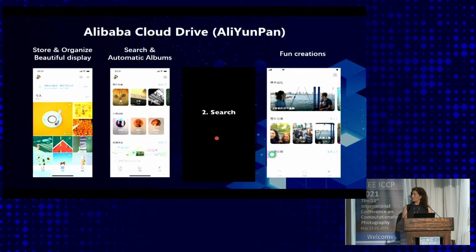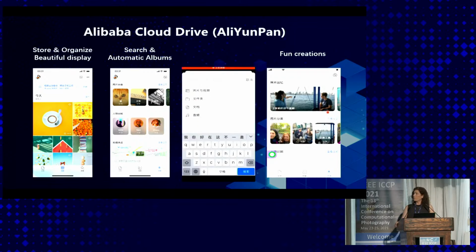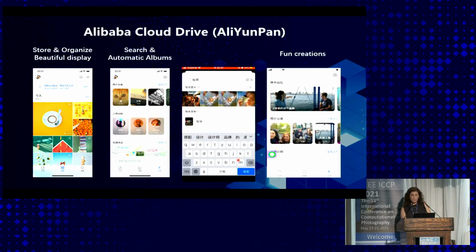Let's see if this works. You can search. You can see here, we're searching for Tian, which is a goddess, or we can search for Ren, which is a person, and find all the photos or videos according to the search. So this is one of the benefits of a Drive product. And you can also have fun stuff like memories.